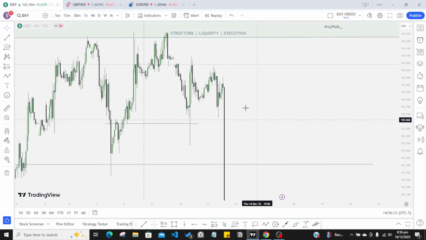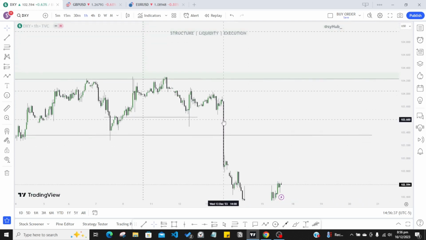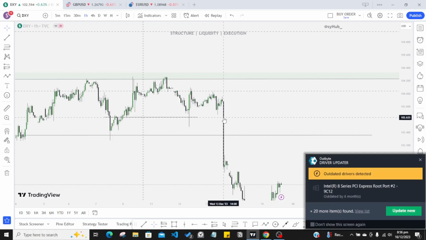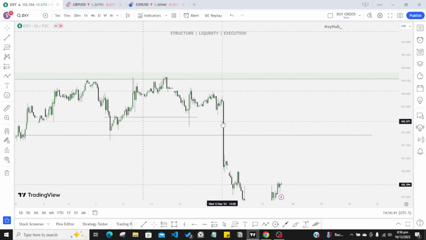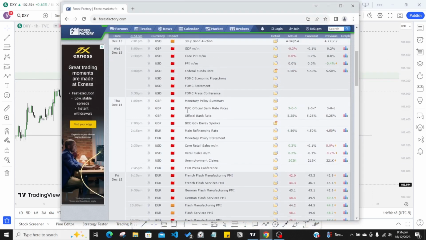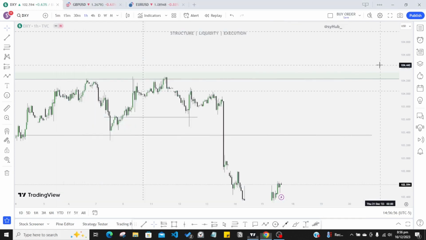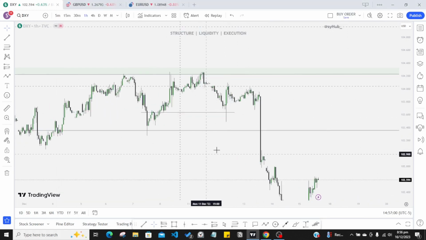And this huge bearish candle downward was the FOMC. As you can check the time, the New York session, if we go back to our calendar, we can see on Wednesday we had the FOMC, funds rates, the USD interest rates, which is high volatile news, and we can see price use that to deliver to the downside with a huge displacement.